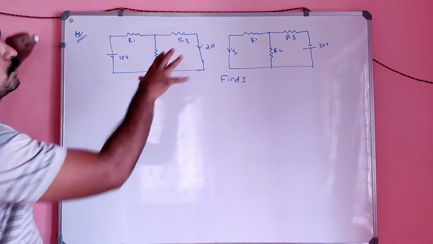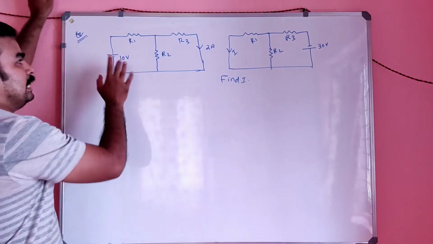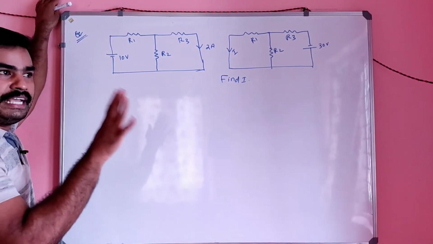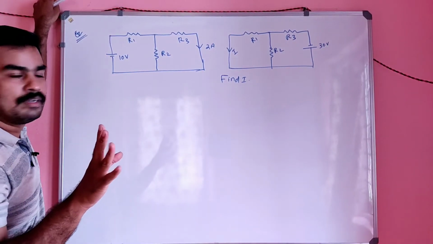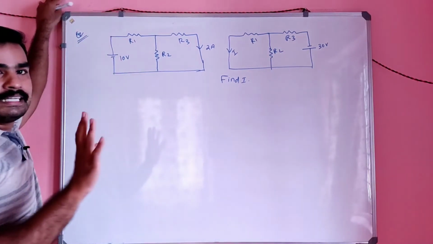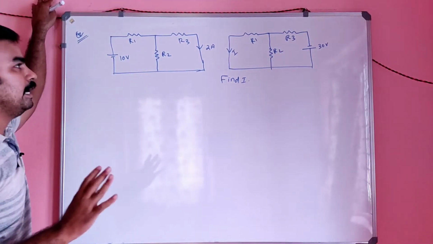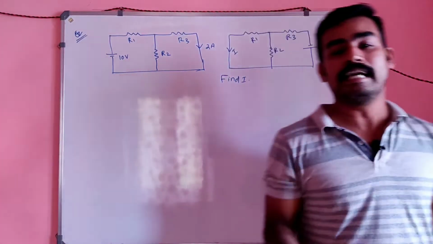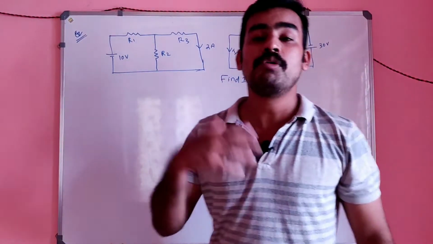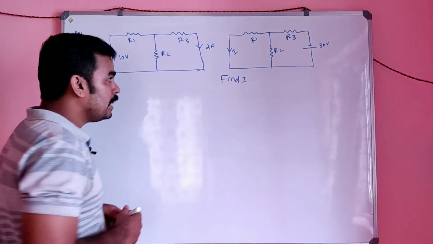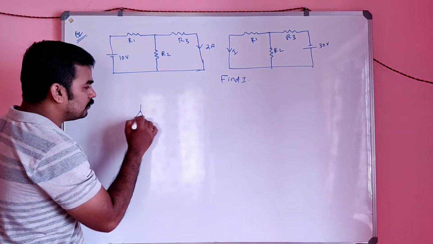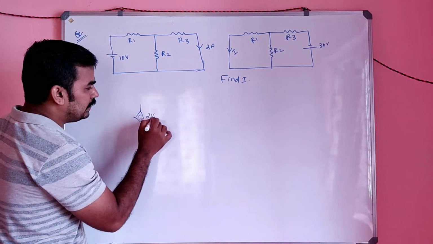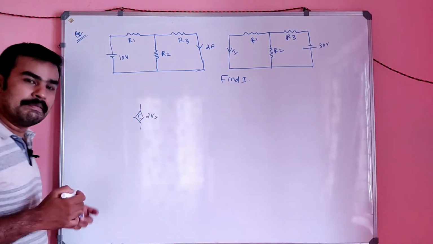So by simply looking at the problem, the reciprocity theorem says there should be only one source, no? For a single source element only, that theorem is valid, okay, and it is valid only for independent sources, not dependent sources, right? It is not valid for dependent sources. That means if the source is of the nature like 2vx or like that, that is called a dependent source.